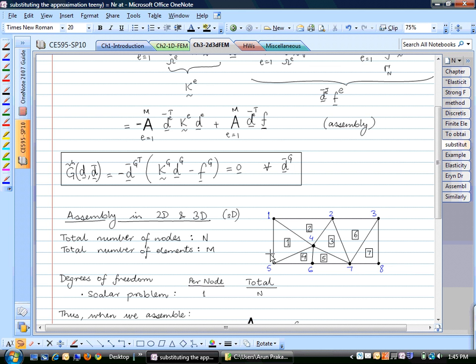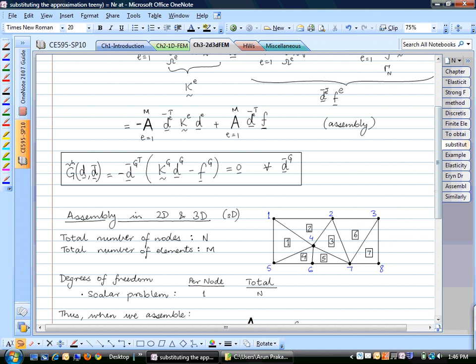So this is the same square domain with the top edge at a higher temperature, the lower edge at the lower temperature, and so on. All we are trying to find out is the temperature profile within this domain. If we can solve for the temperature values at all these different nodes, then using our shape functions, we can go back and calculate the temperature at any point in the domain.